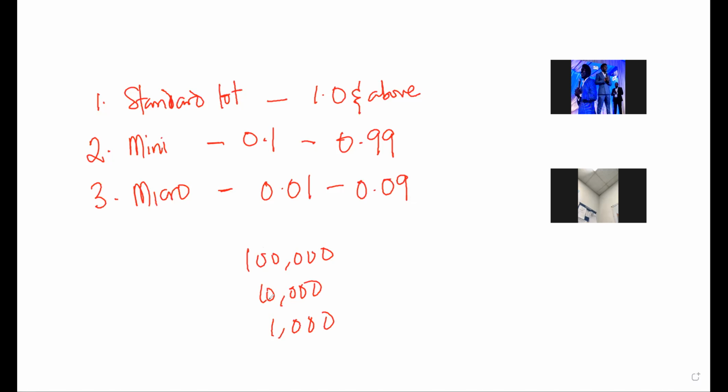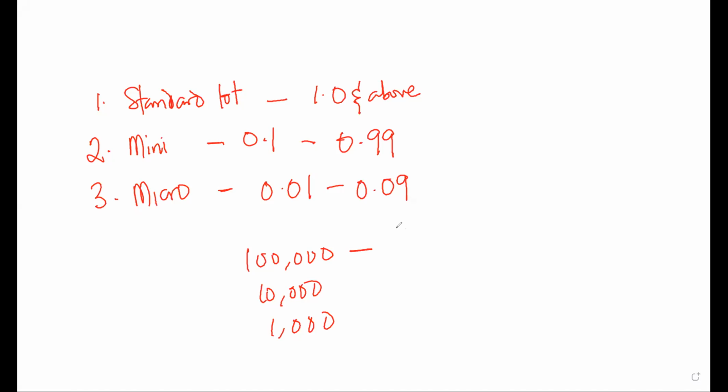Now, you will agree with me that trader A will make more money than trader B, who will also make more money than trader C. What determines how many bundles of jeans they bought is the capital they invested in the business. So your capital will determine how much you will eventually make. All right. So in the illustration above, trader A actually bought a standard lot size, trader B bought a mini, and trader C bought a micro.